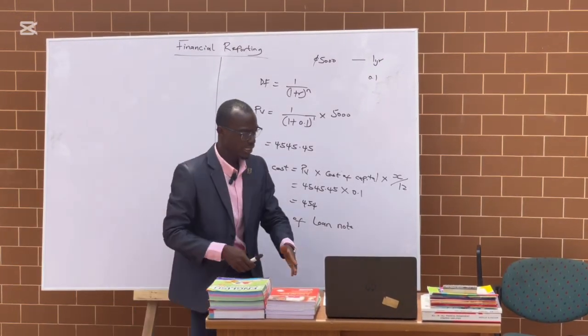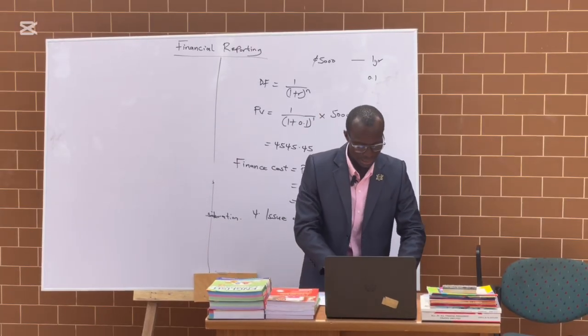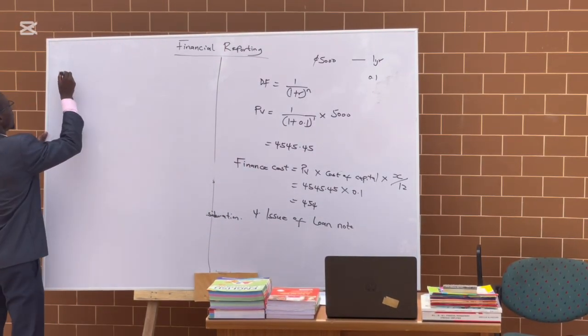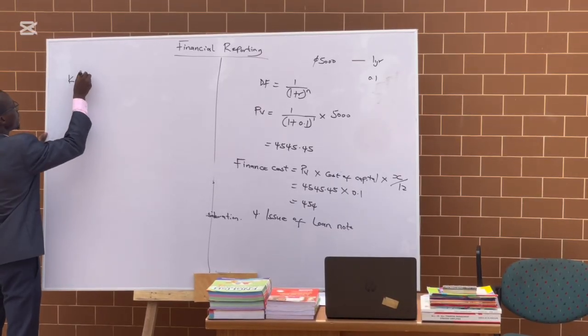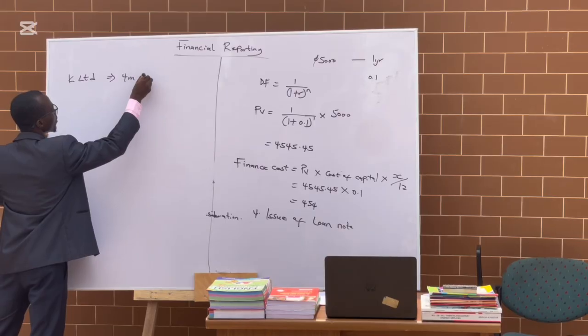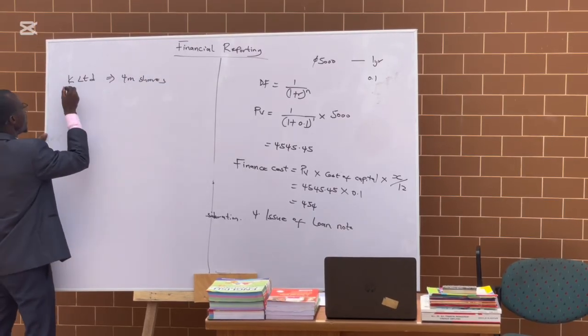The question says that K Limited acquired 4 million shares from M Limited.